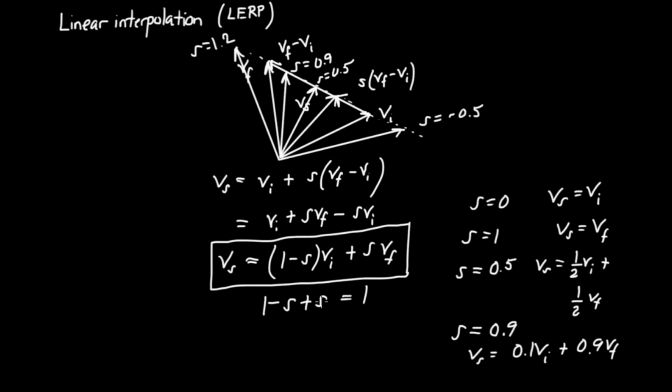Now, such a linear combination of vectors where the sum of the coefficients is equal to 1 is what's called in geometry an affine combination. And you can see why these affine combinations might be important, because they allow for the extension of the line joining the points, in this case, the tips of two vectors.